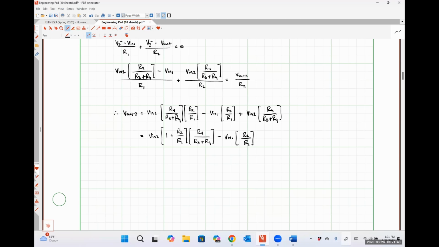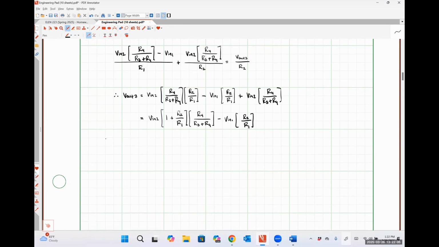Usually in an IC based instrumentation amplifier, the ratio of R2 over R1 and R4 over R3 are equal to each other. So let's say that R4 over R3 is equal to R2 over R1 is equal to K, where K is just a scaling factor.